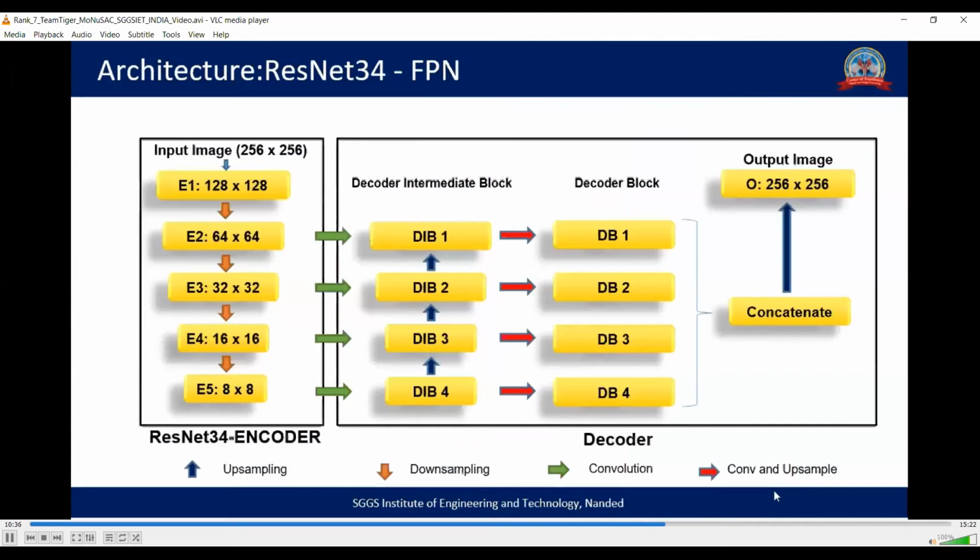Based on the ResNet34 encoder, we design a ResNet34 FPN, whose architecture is shown here. A 5-block ResNet34 encoder, as discussed previously, is used here. The feature maps obtained at each encoder level are convolved to form the decoder intermediate block.